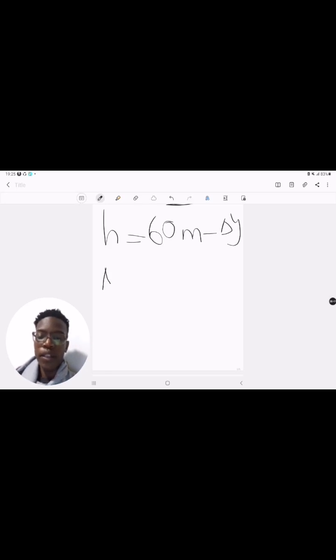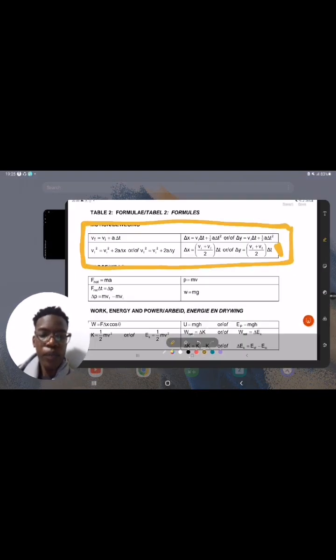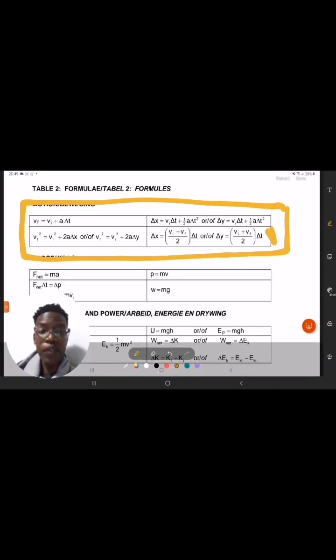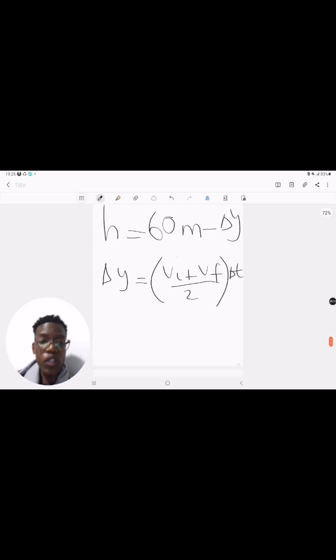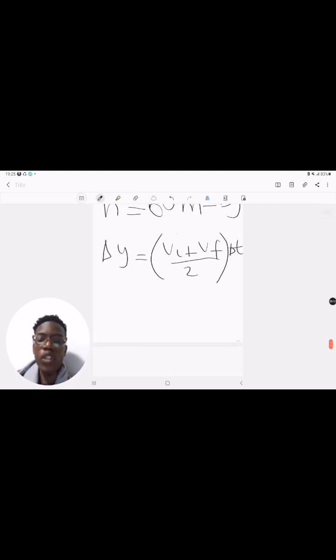So delta y in this case is equal to Vi plus Vf divided by 2 times delta t. Right, Vi plus Vf divided by 2 times delta t. Okay, so this is what I'm going to use. So I'm simply going to substitute here now.